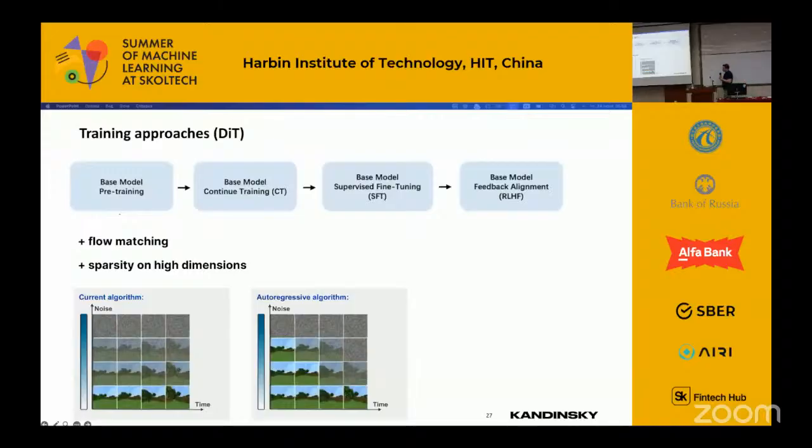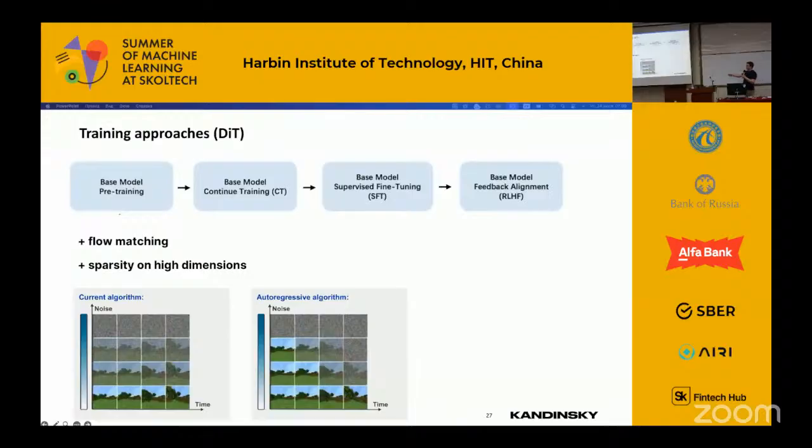After that, you need to do supervised fine-tuning. What do I mean by continuous training there? Because pre-train is not just taking videos at a fixed resolution and receiving a good model.